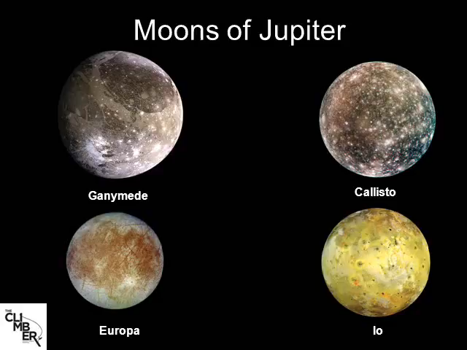Callisto is the farthest moon from the surface of Jupiter and has the most heavily cratered surface in the solar system. Io, Jupiter's innermost moon, certainly has one of the most fascinating atmospheric systems in the solar system.